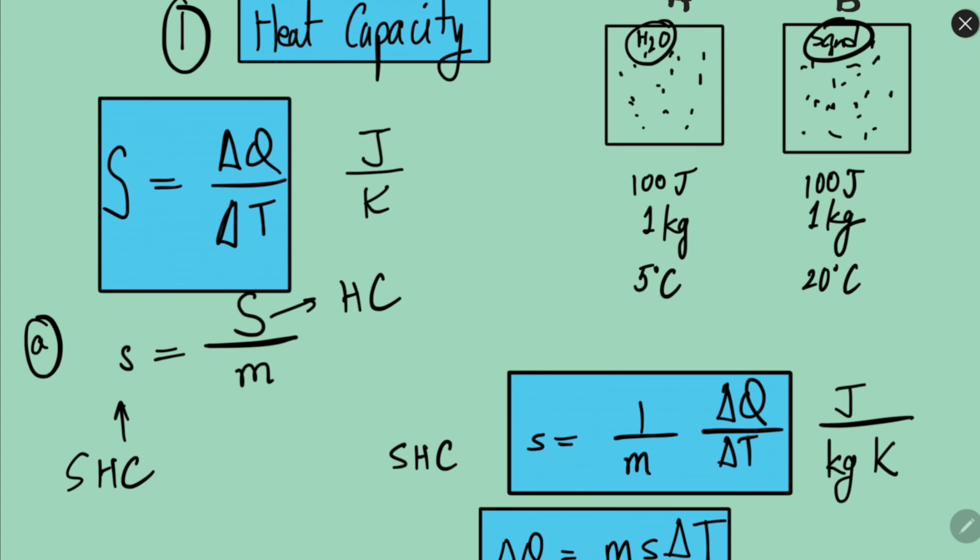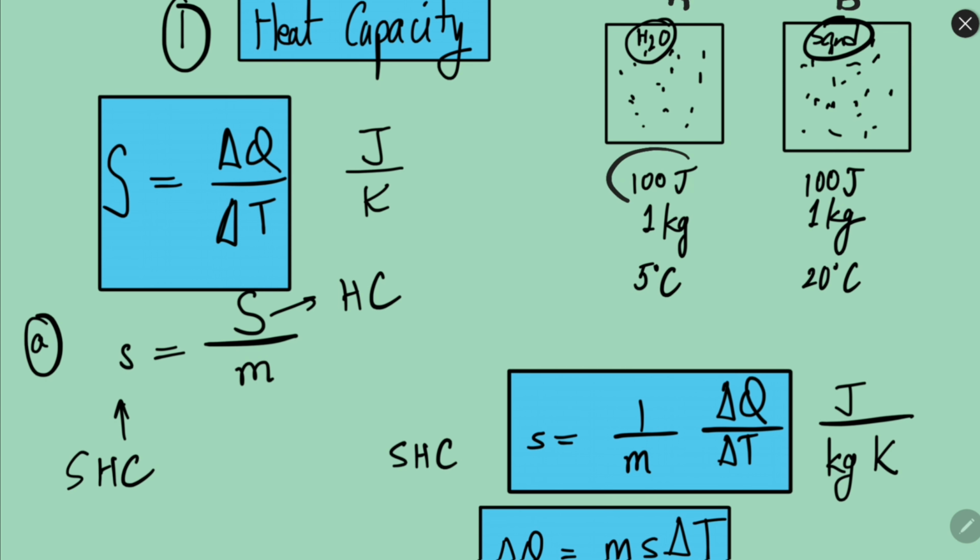Let's say we have two substances, substance A and substance B. One is water and one is sand, and both are 1 kg, let's say 1 liter, 1 kg, whatever. Let's say we give them both the same amount of energy, 100 joule of heat.